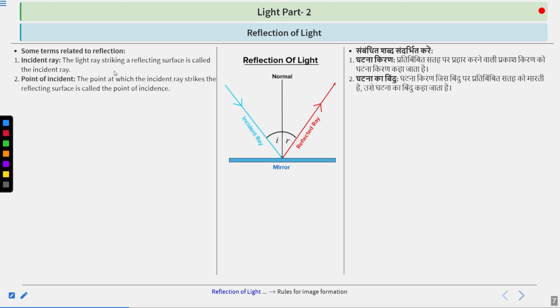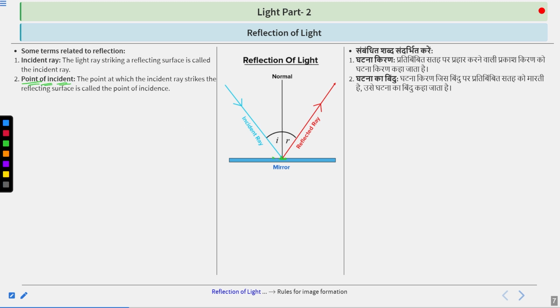Now the point of incidence, the second term. The point at which the incident ray strikes the reflecting surface is called the point of incidence. So if this is the incident ray and it is coming and striking the surface here at this point, that point will be known as the point of incidence.